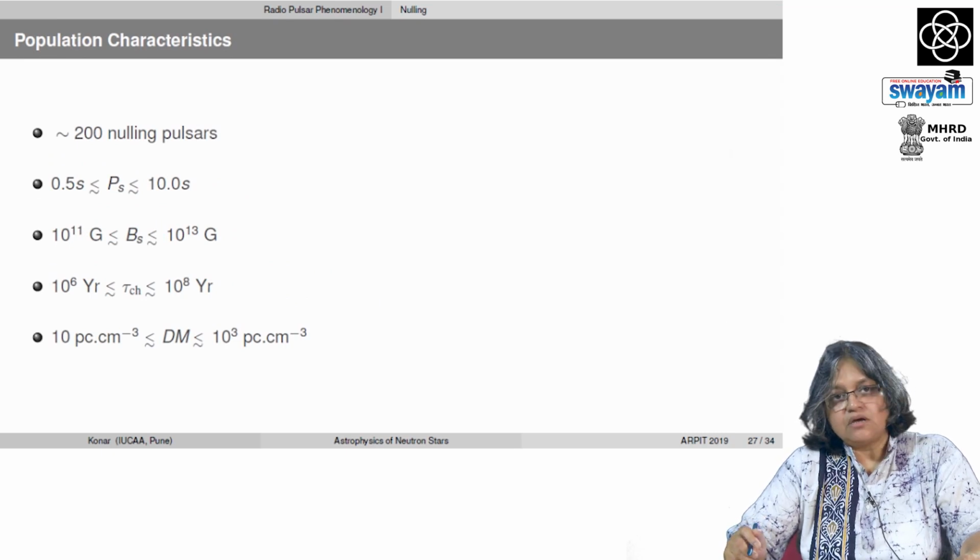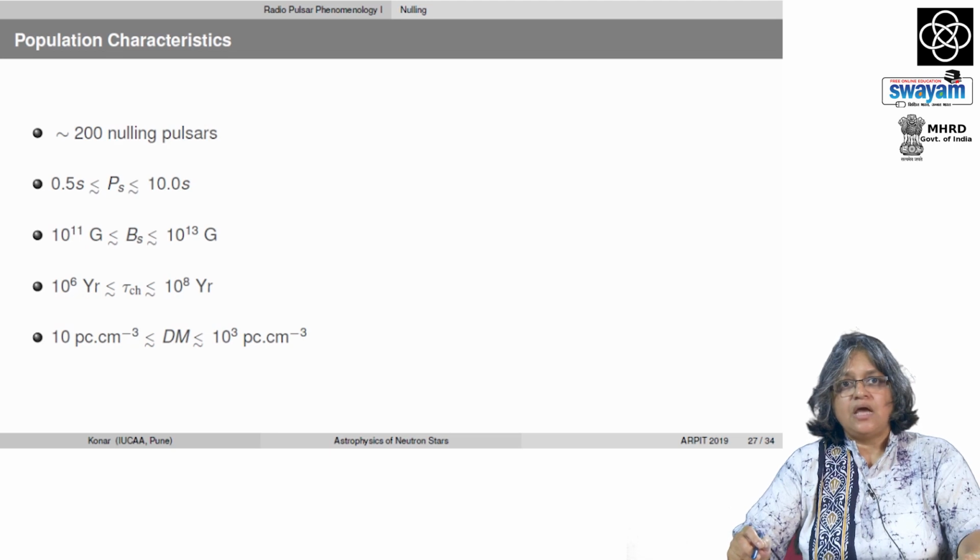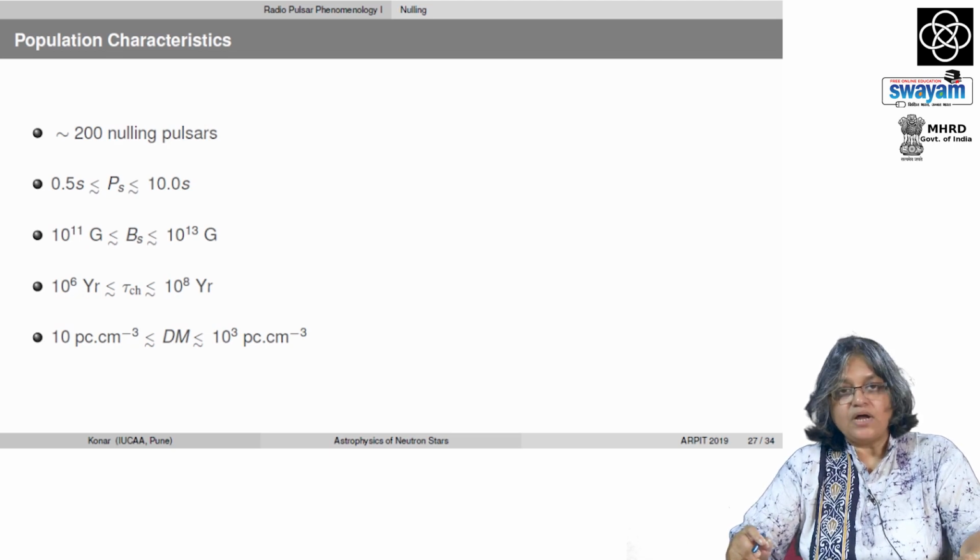Now, the characteristic of the nulling population is like this. There are about 200 nulling pulsars. Let me remind you, there are about 2500 radio pulsars that have been seen, and only in 200 we have observed nulling, but that is not an indication of the fraction of pulsars which undergo nulling, because most of the radio pulsars are not observed continuously, they are not monitored.